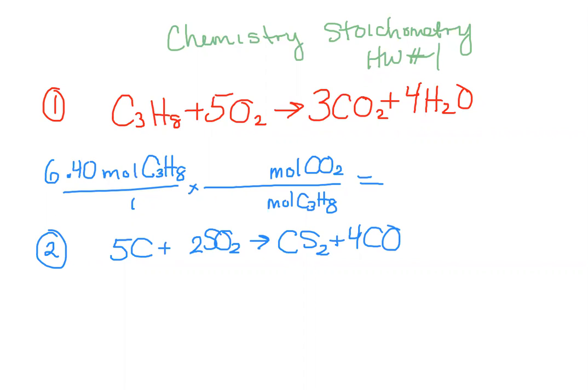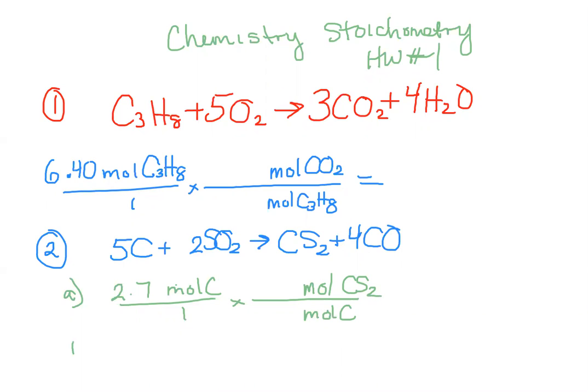Okay, this is A. 2.7, what you're given, moles of C, and you're looking for moles of CS2. So you fill that in and come up with the right answer, and you do B by yourself.